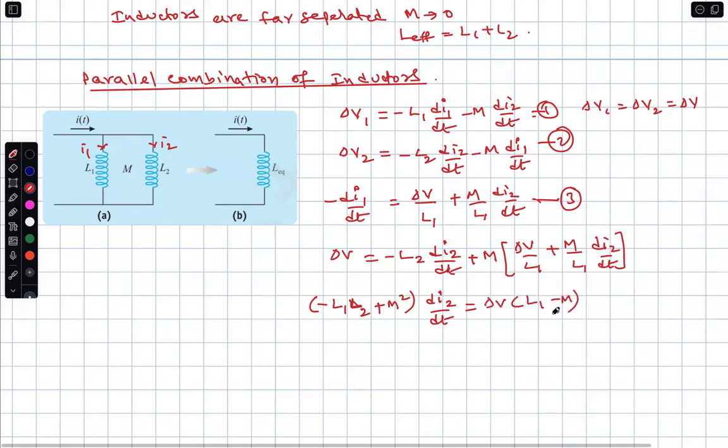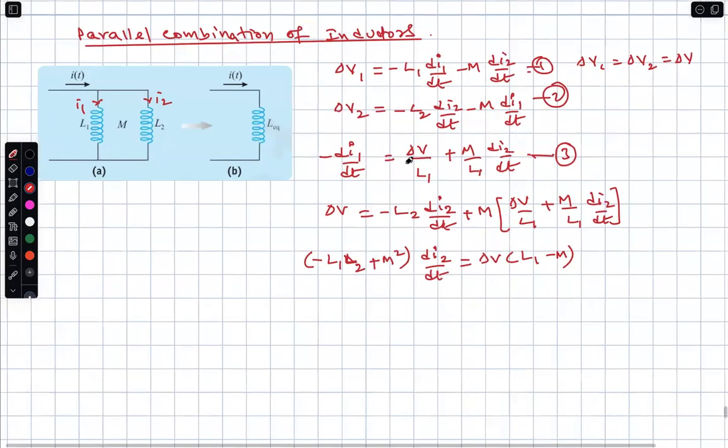Don't worry, I will never ask you to derive all these things. Now you got minus di2 by dt as delta V by L2 plus M by L2 times di1 by dt.